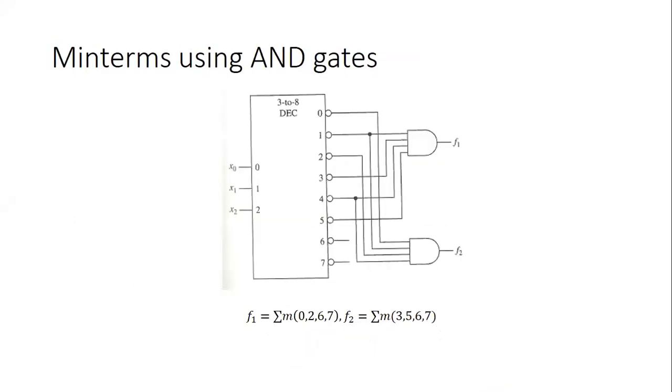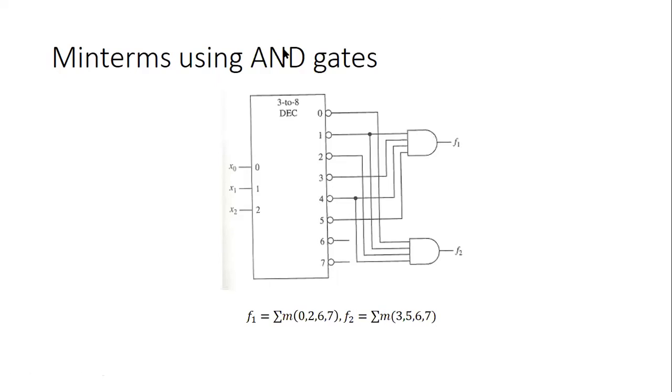Similarly, if you go to the next one, if you're using AND gates in active low, if you get a question, extract what is not there, then you can give it to an AND gate. If I have to write 0, 2, 6, 7 as it is, instead of giving an AND gate, I can give a NAND gate.